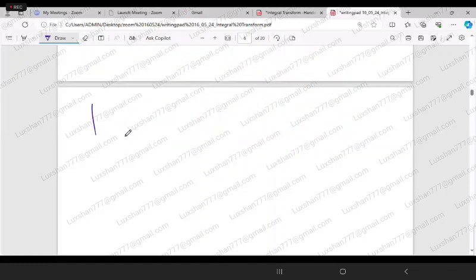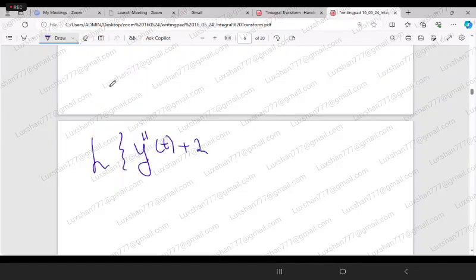From both sides, so transform both sides. Then we have y''(t) + y'(t) + y(t) = ... This is step number one. Now I am doing step number one.